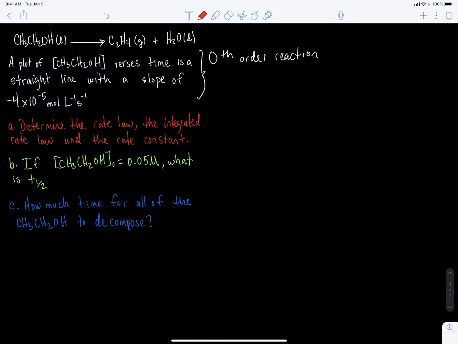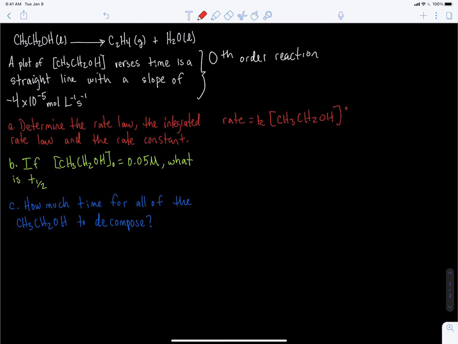And that is always going to be the rate, and we're going to set it equal to the rate constant multiplied times the reactant raised to some power, x. So in this case, we know that it's 0th order, and so we know that x is just equal to 0.